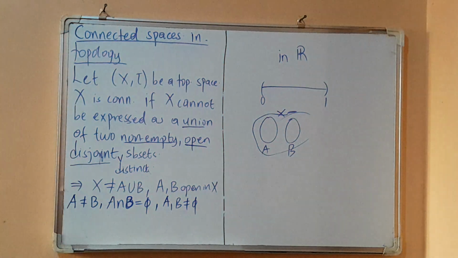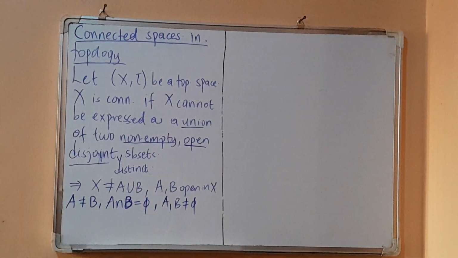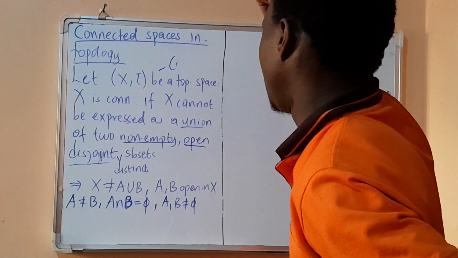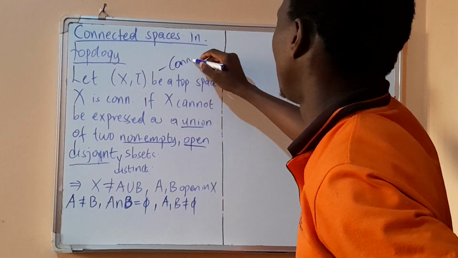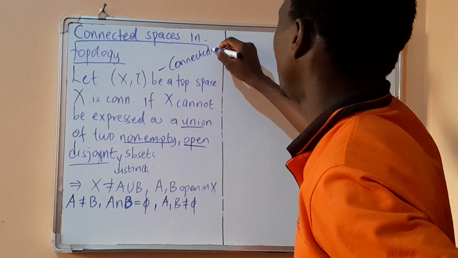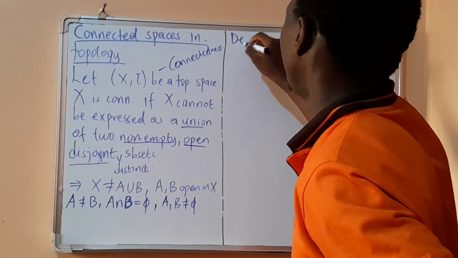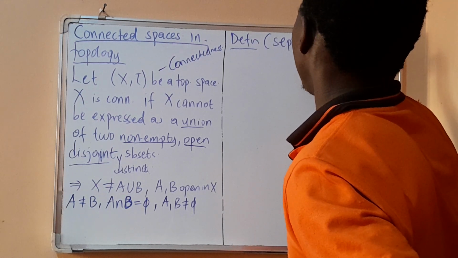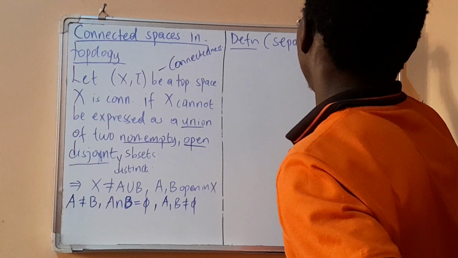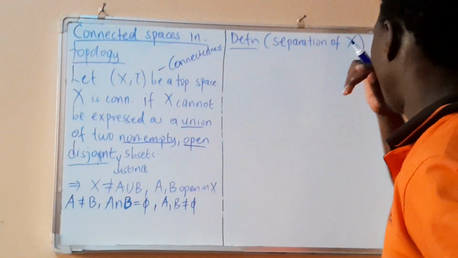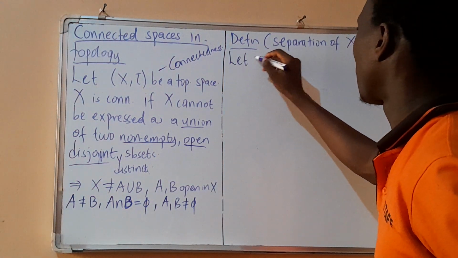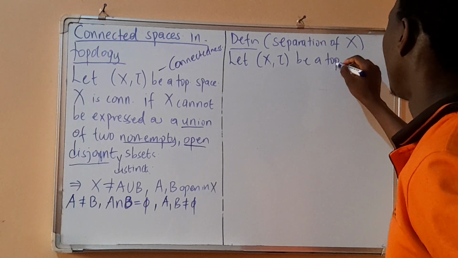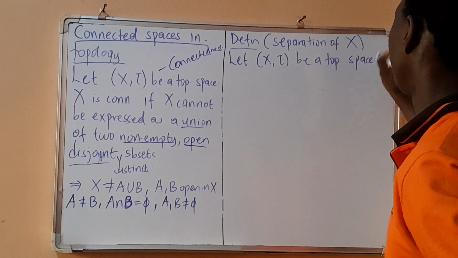So we are going to define a separation of X. This is a definition for connectedness of a topological space. So we are now going to define a separation of a topological space X. Let X be a topological space.